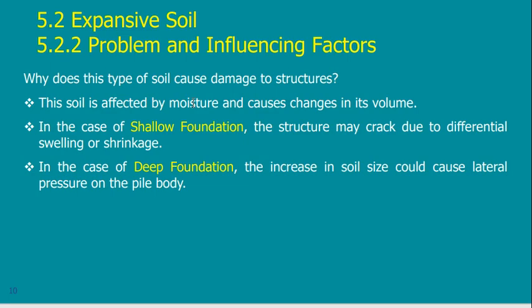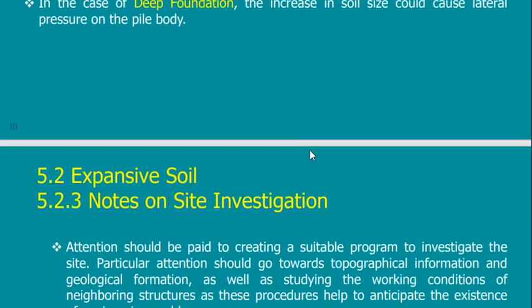If water in big quantities reaches this type of soil, it affects the soil, and we have our two main types of foundation: shallow foundations and deep foundations. Some soils will be good for shallow foundations, some others will be good for deep foundations, some will be good if we remove it and bring another type to replace it, and so on.